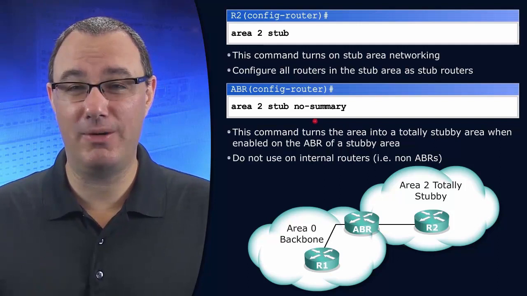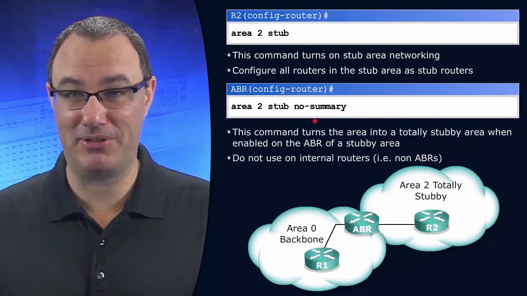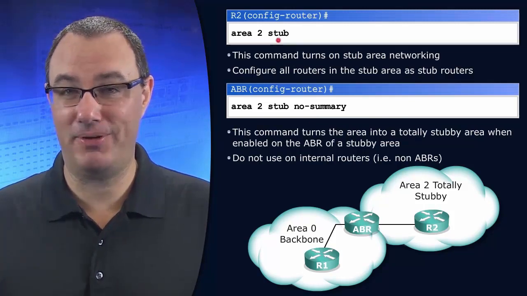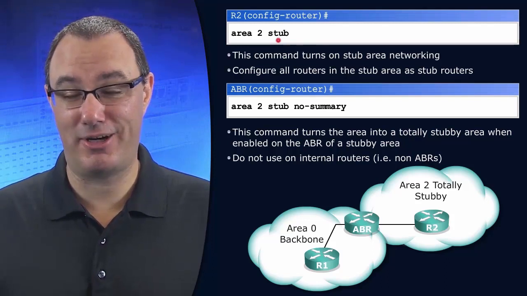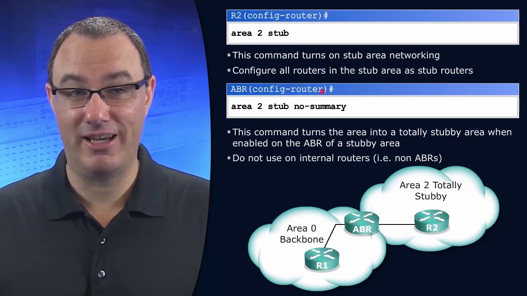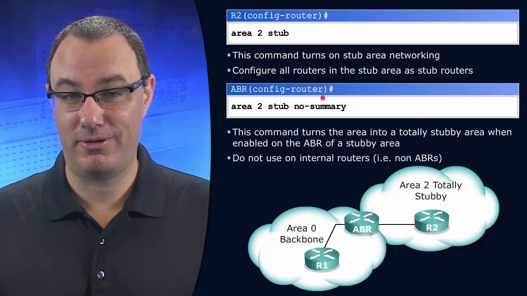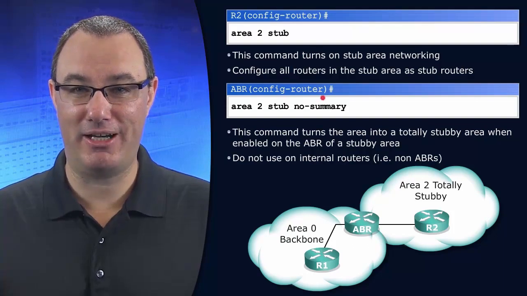But your configuration would not be well received. Because we, in the world of Cisco, will test you to make sure you know that you should only do the stub command on the internal routers and the no summary on the ABRs. Okay? That's how to properly configure OSPF totally stubby.